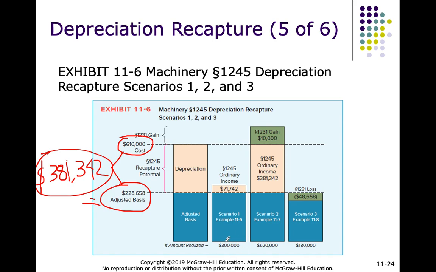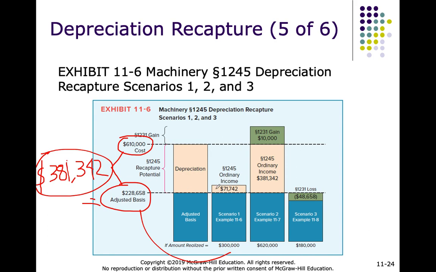We sold this asset for 300,000. So if we compare the 300,000 to the 228,650, we're saying that we have a gain of 71,742 because the gain is less than the amount that we have previously depreciated.